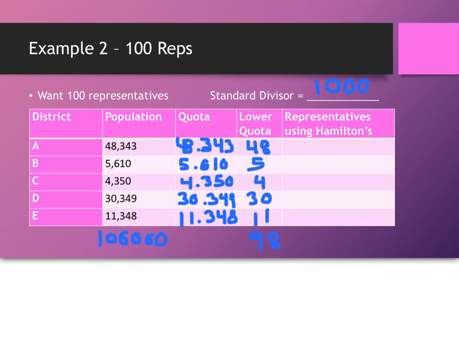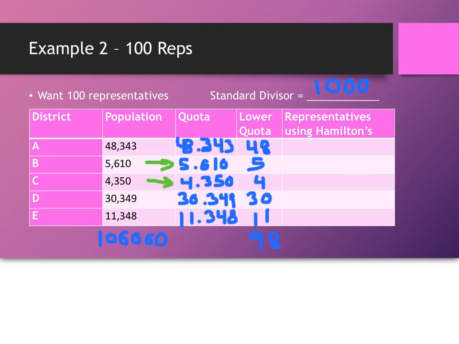So we go back up and we look at which has the biggest decimal points. Now, in this case, this is slightly different. B has a 0.6, and all of these other ones are fairly close, but the highest is C with 0.350. And so they'd each get an extra representative, although, in fact, these are awfully close decimals.